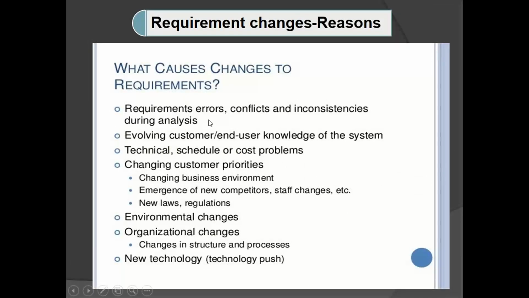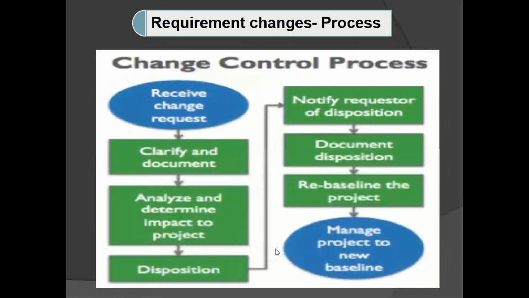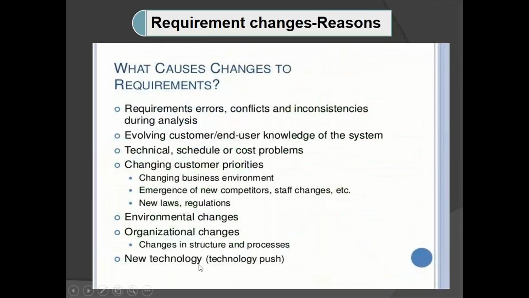Requirements errors, conflicts, and inconsistencies during analysis, evolving customer end user knowledge of the system, technical schedule or cost problems, changing customer priorities like changing business environment, emergence of new competitors, staff changes, etc., new laws, regulations, then environmental changes and organizational changes, changes in structure and process, then new technology. So these are some reasons why requirements will be getting changed. So let me explain them in practical.